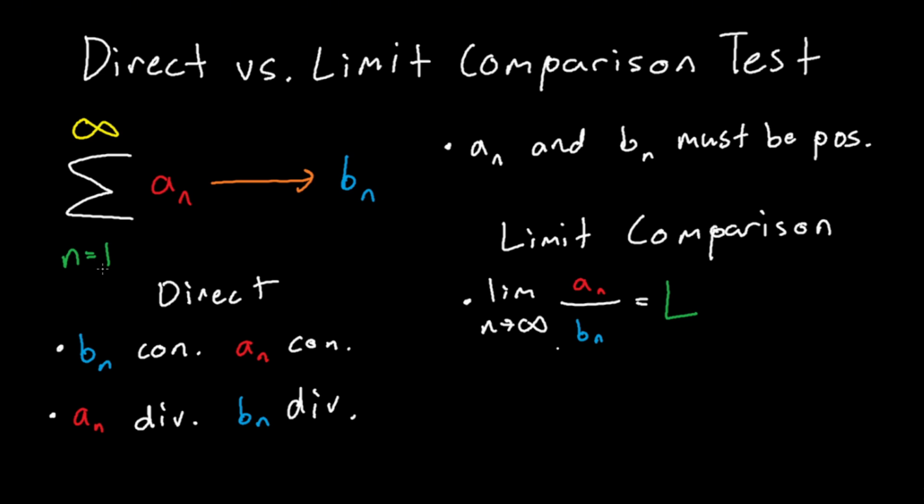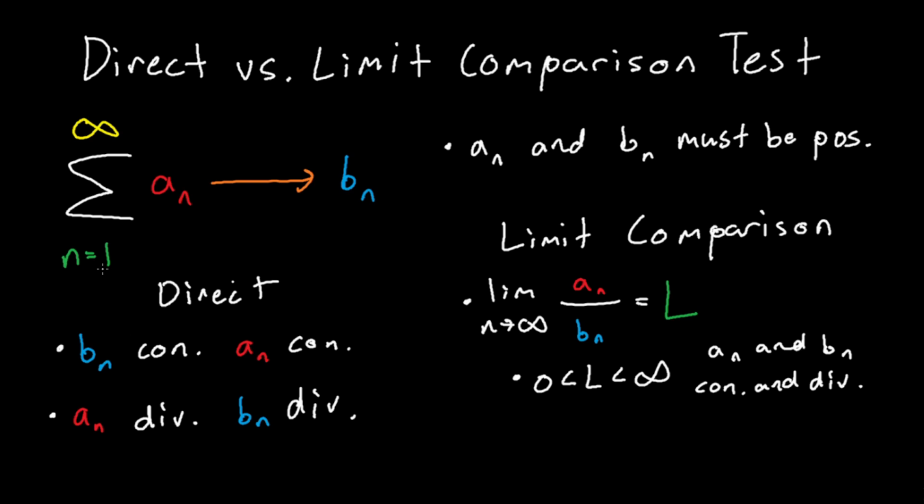So once you take this test and you find L, if L is between 0 and infinity, then A of n and B of n converge and diverge together. Now, this is the reason why I say that limit comparison test is more versatile, because they converge and diverge together.